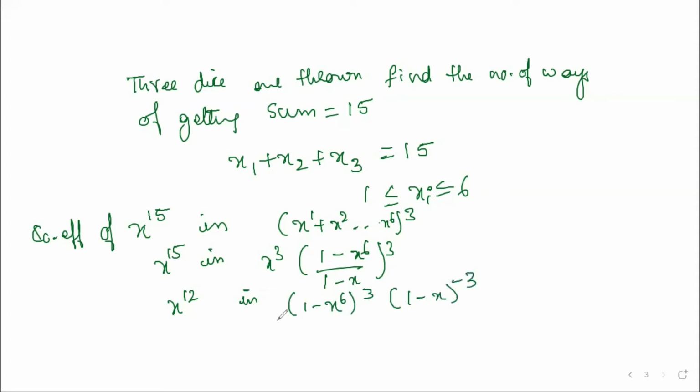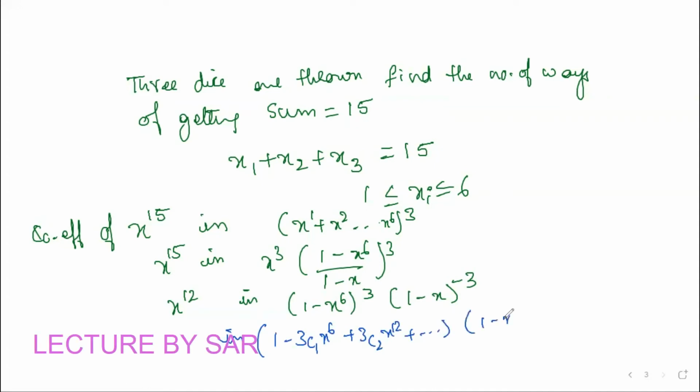So since x^6 is lesser than 12, we need to take both the expansions here. And while we are taking both the expansions, we'll be writing 1 minus 3c1 x^6 plus 3c2 x^12. After that, we don't need the terms into (1 minus x) whole raised to minus 3.